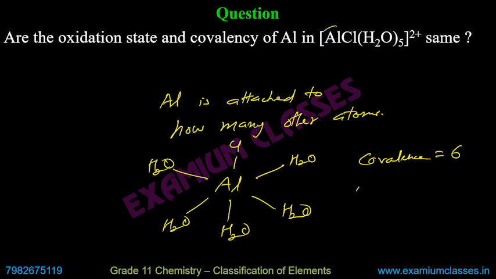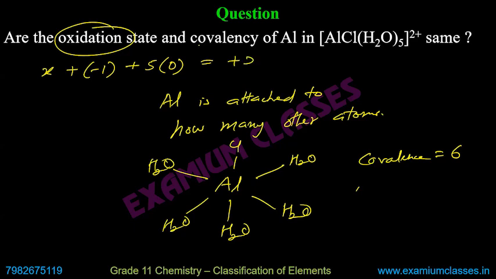So the oxidation state of aluminum, we have to calculate, say it is X, plus the oxidation state of chlorine, -1, plus the oxidation state of H2O, overall it is neutral, so it is 0, 5 times 0. This whole will be equal to plus 2 because we have plus 2 charge for this.